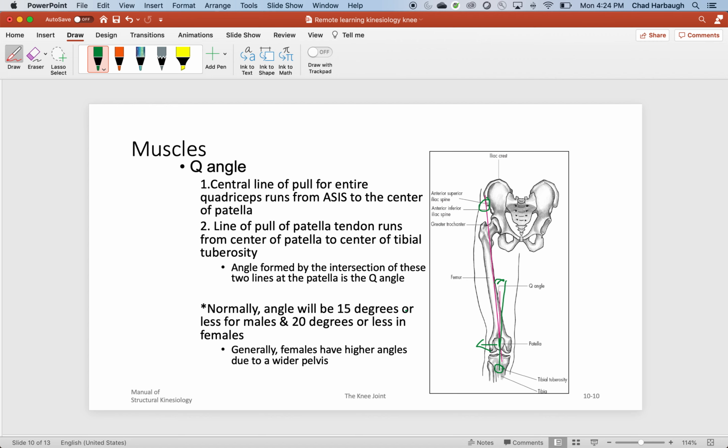So normally what we're looking for is somewhere between 15 degrees or less in males and 20 degrees or less in females. We also know that the hip structures of females tend to be slightly larger for birthing purposes, and that can also affect the overall angle, or what we consider to be the Q angle.